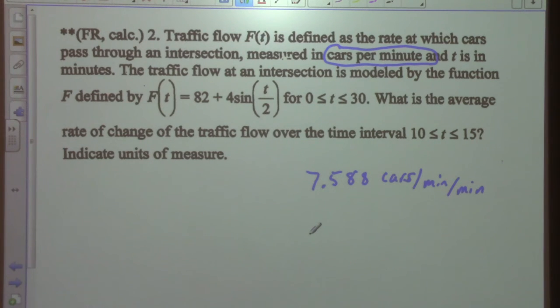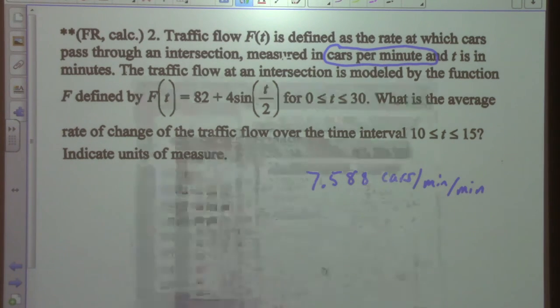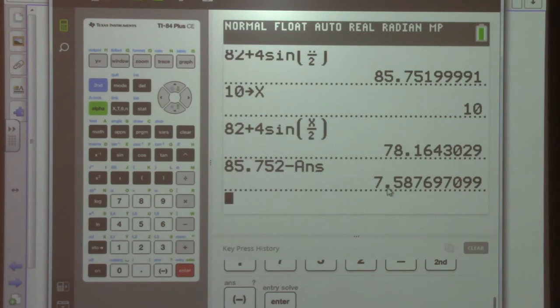So just try to do that. And they're pretty liberal. Once you get to 3 decimal places, if this is the correct answer, like if you put down 7.587, that would be a correct answer, or rounded 7.588. So they give you a little leeway on that last place.